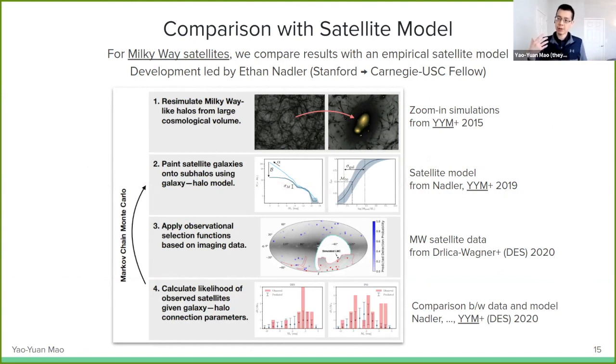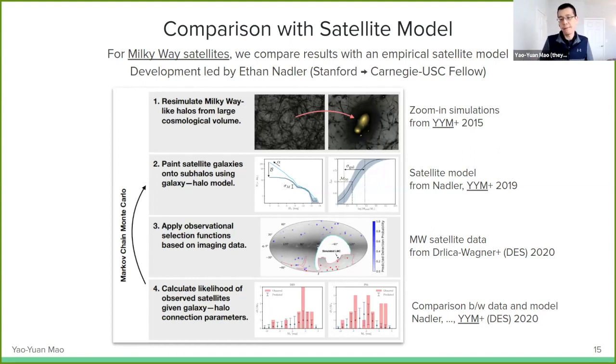So you can think of hydrodynamic simulations as realizations of specific physical models. And depending on your belief, say if you trust a certain hydro simulation, that gives you very strong priors on this satellite model in your program. And then you get a much better limit on your dark matter constraint.